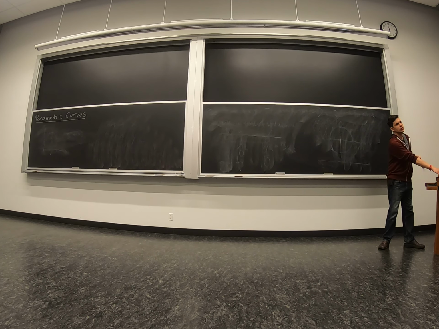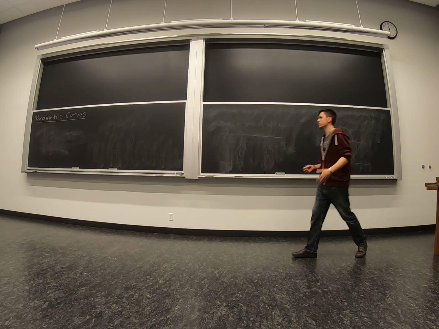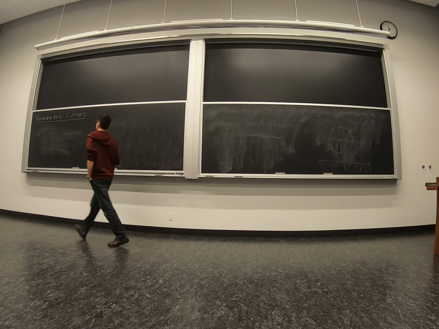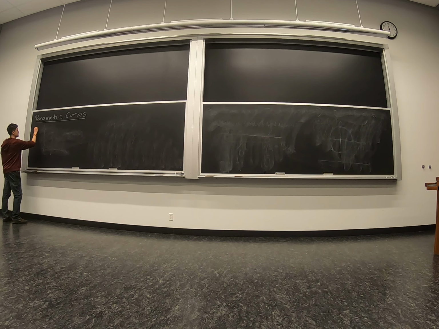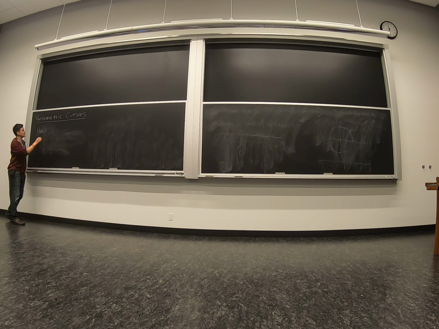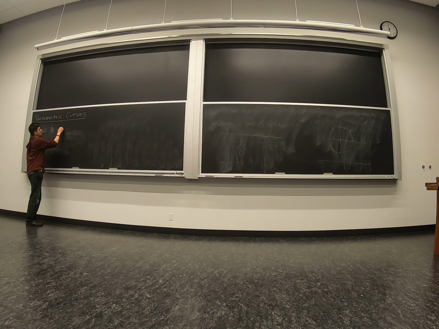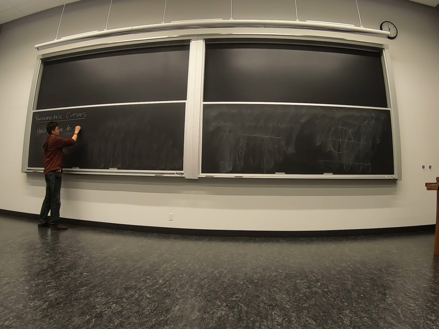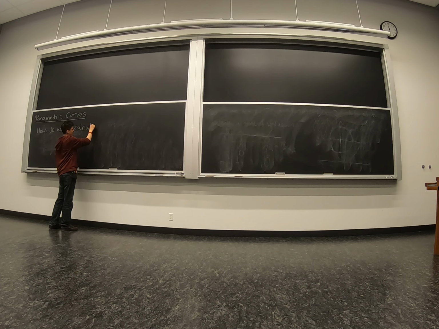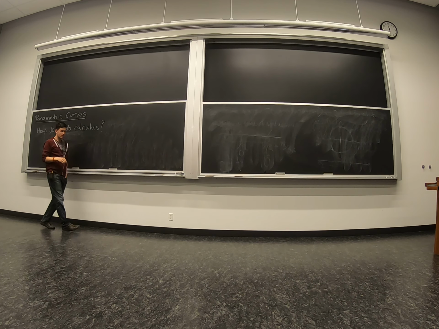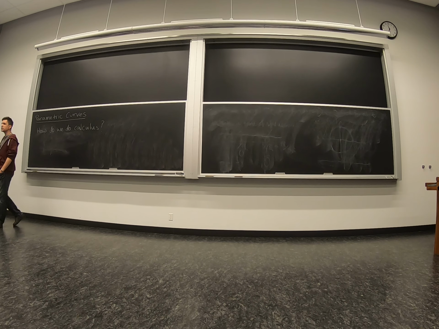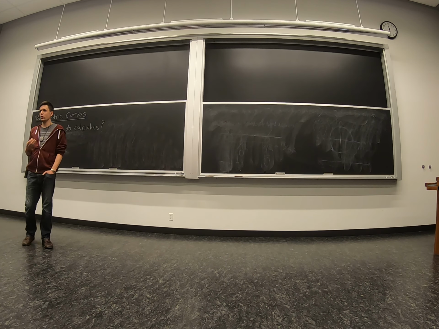But how do we do sort of calculus with them? Okay, so how do we do calculus? Right. There's sort of the first thing that you always want to define in calculus is the notion of a slope.